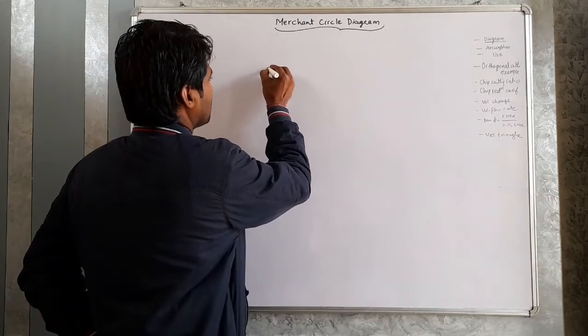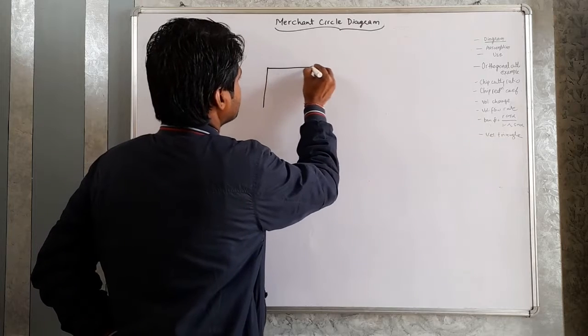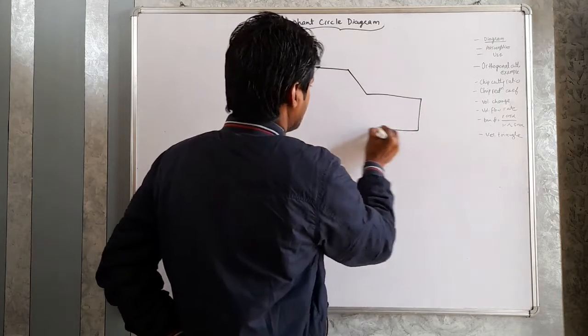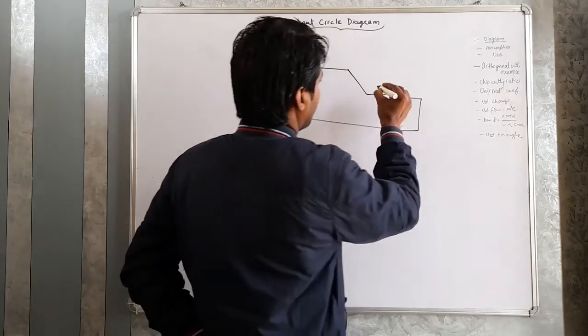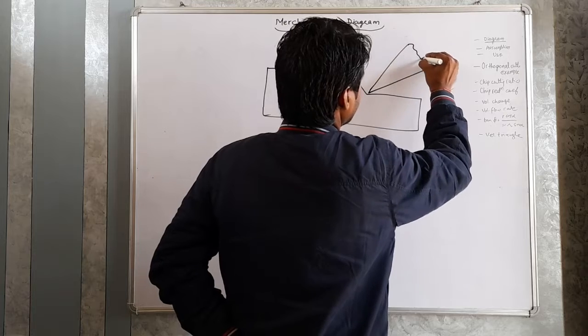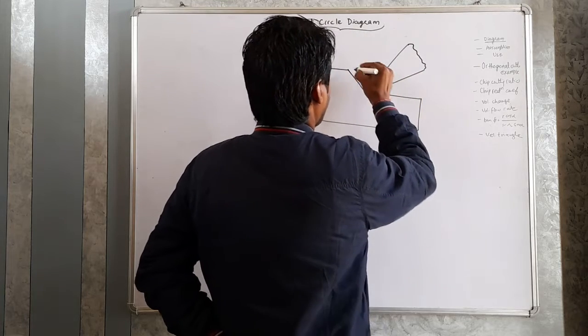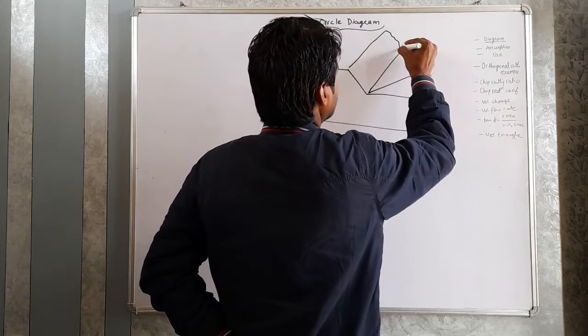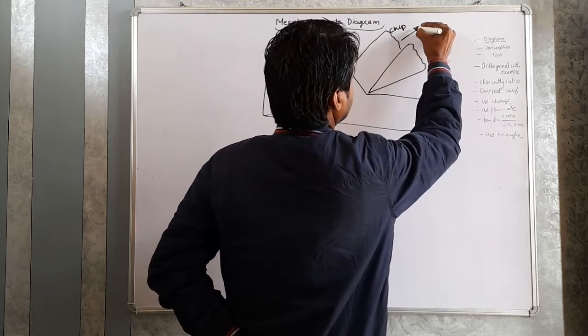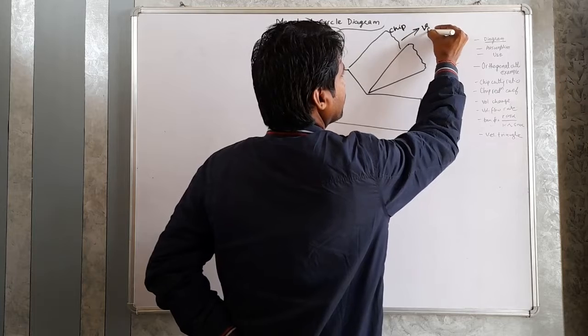Suppose this is a workpiece, this is a job, and this is a cutting tool, and this is the chip which is flowing in this direction with velocity vf.